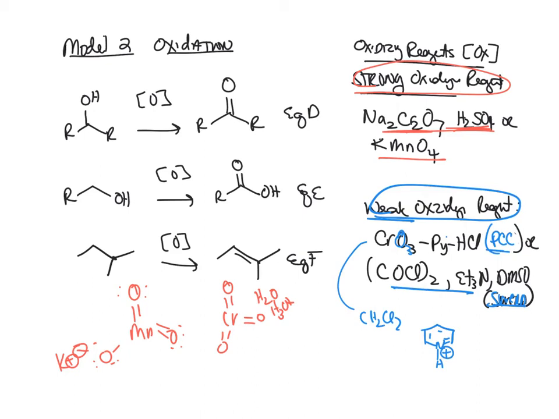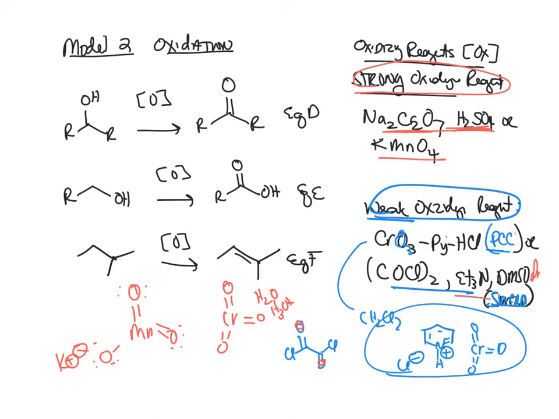So there's your plus, and then your chromium. And so there's the PCC, and then your Swern oxidation, oxalyl chloride looks like this. And that will deliver these oxygens here, but they're very dry conditions. So there's no water. So that's how you can have a weak oxidizing reagent. Now let's answer our questions.